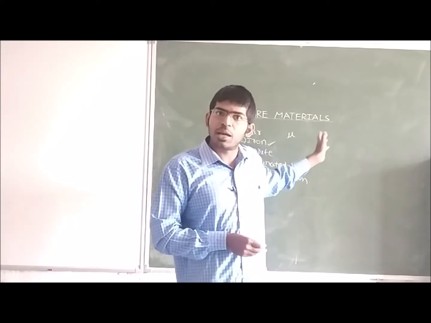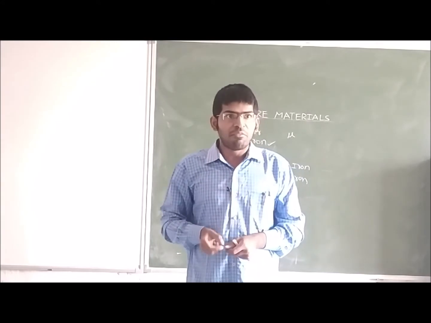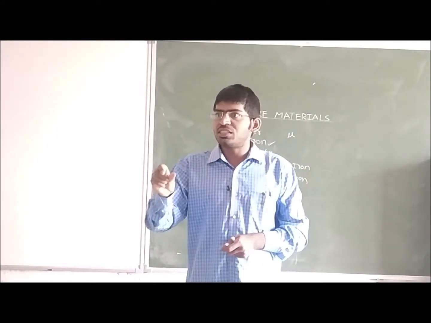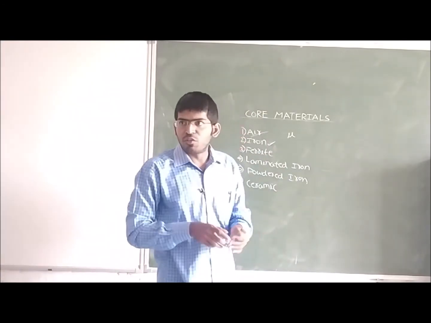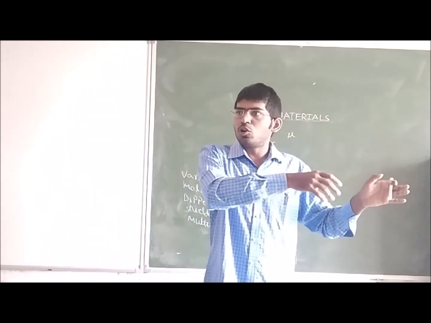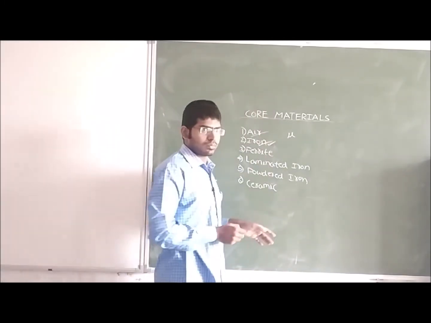These are the different types of core materials we generally use based on our requirement. When we want to use the inductor for children's toys, we go with air core inductors. When we want to use a transformer, we go with iron core.